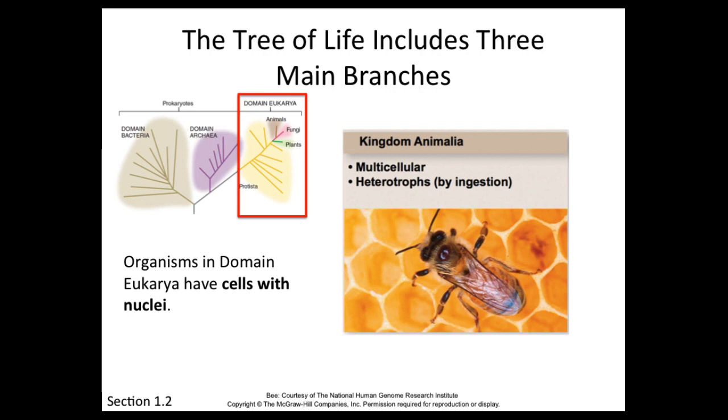The next kingdom is the animals, and this is a real kingdom that is scientifically classified. All of the animals are multicellular, and all of the animals are heterotrophs by ingestion, so they need to eat their food.